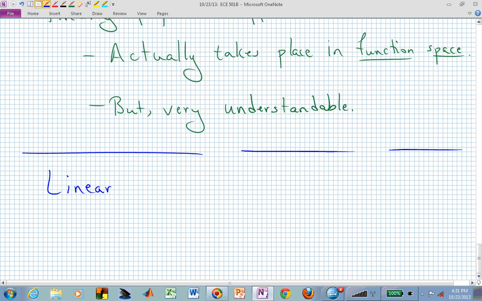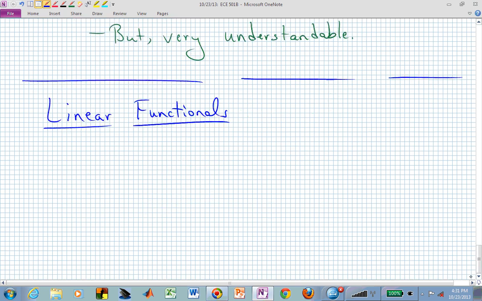Let's now look at linear functionals. Here's a description.